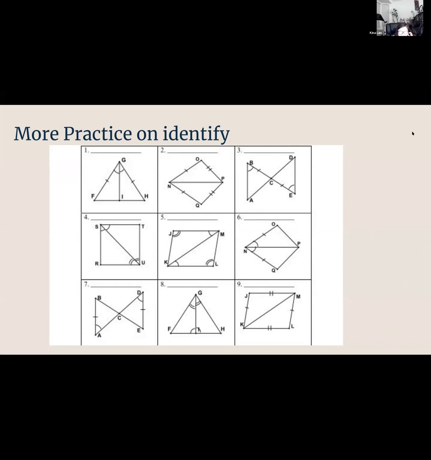So the first one would be SAS, or side angle side, because they have two congruent sides and then they share one side, so that means that one also has to be equal. And since the angles are also equal, it's going to be SAS. And for number 2, it would just be SSS, because again, two of the sides are equal, and then they share another side, which means it has to be equal as well.